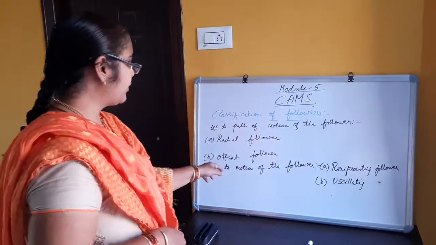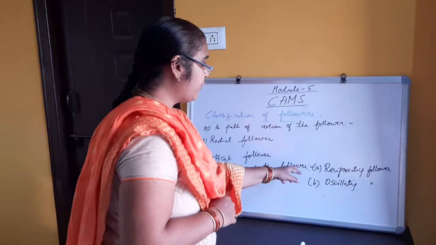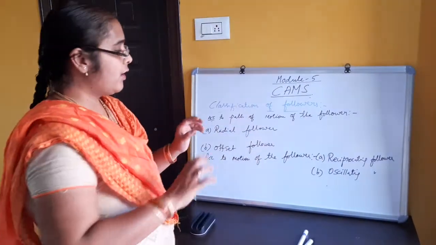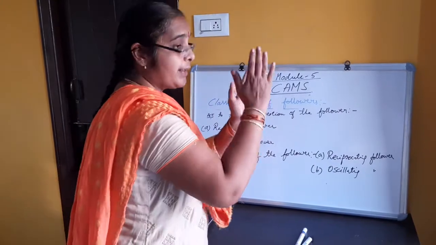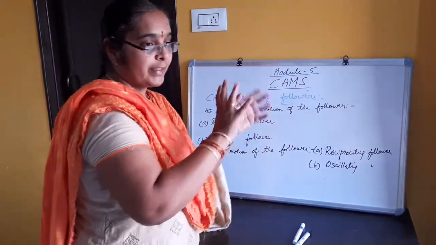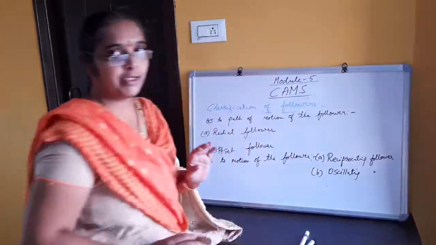And further, we can also classify the cams and followers according to the motion of the follower as reciprocating follower or oscillating follower. When the cam rotates, if the follower reciprocates, it is known as reciprocating follower, and when the cam rotates, if the follower oscillates, it is known as oscillating follower.